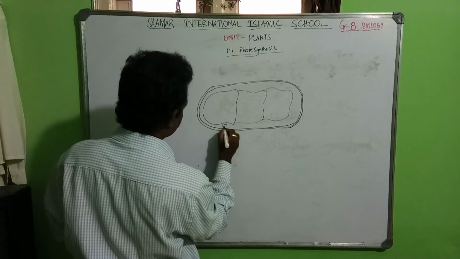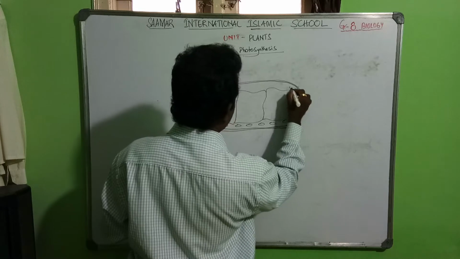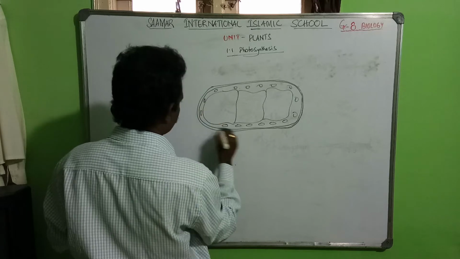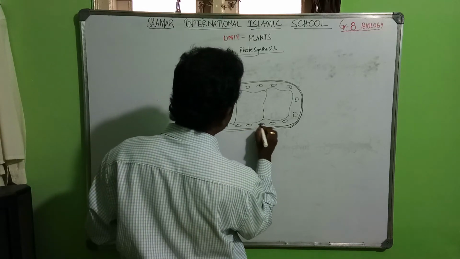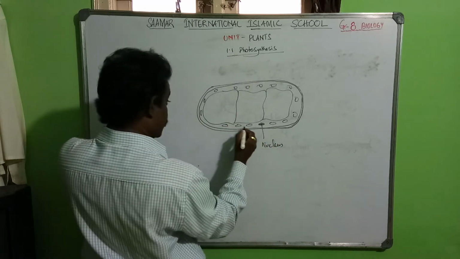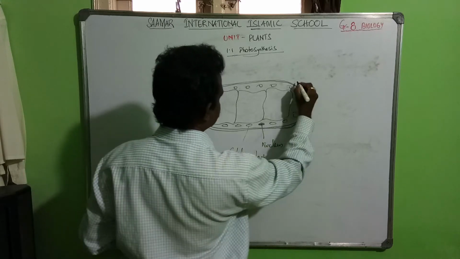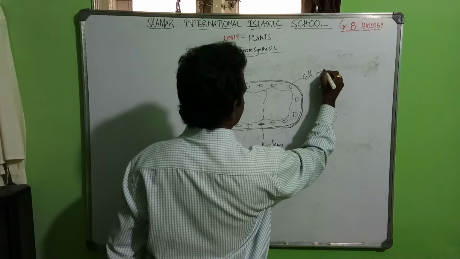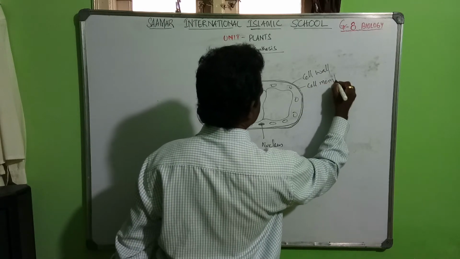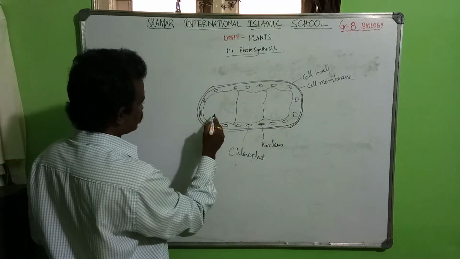And you can see the chloroplast around. And you can see the nucleus here. Nucleus, and this is your chloroplast. And this is your cell wall. And this is the cell membrane. Clear? Okay. And this is your vacuole.